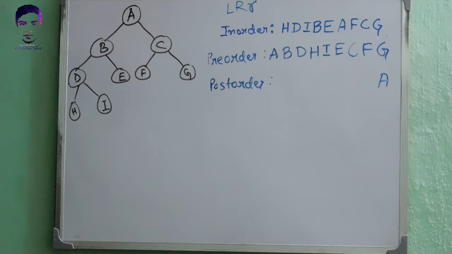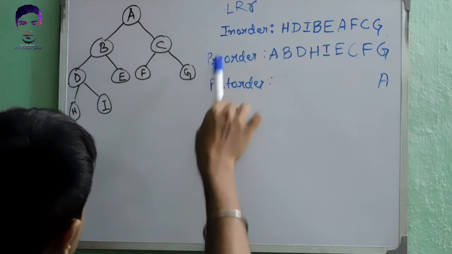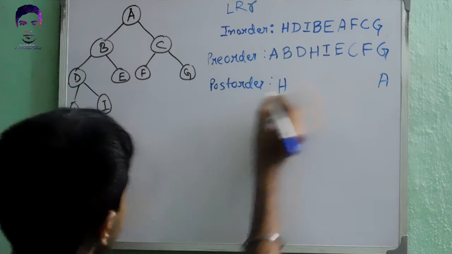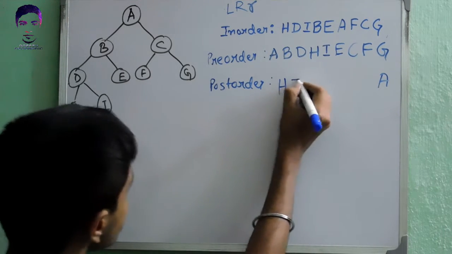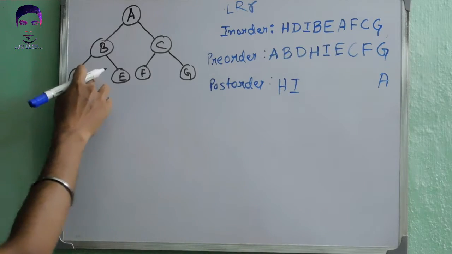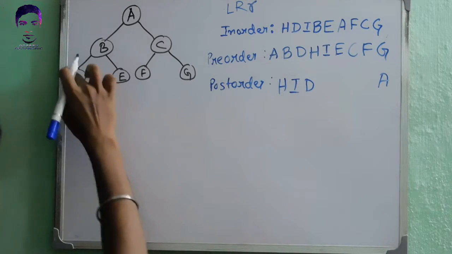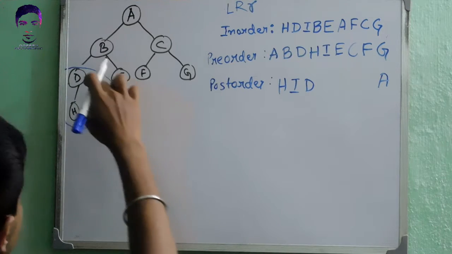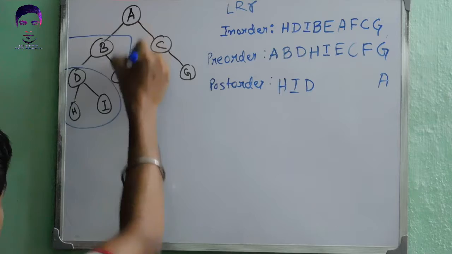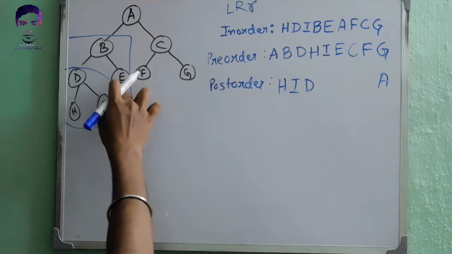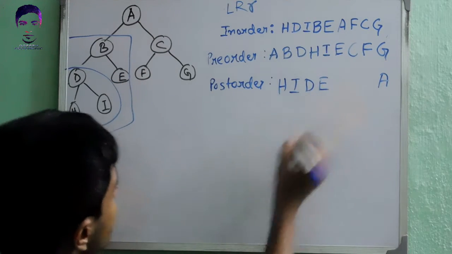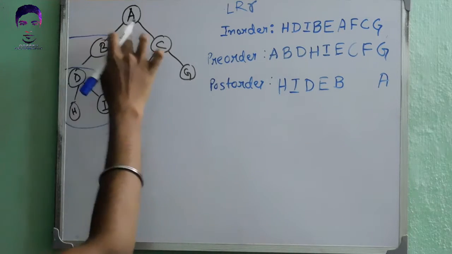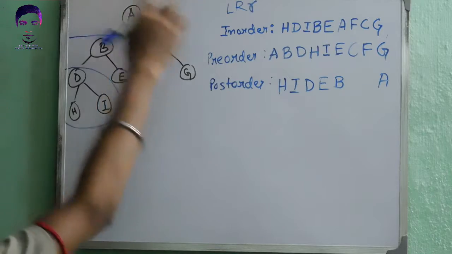Now, before that, first comes left, then right. So the leftmost part is H, then comes right, that is I, then comes its root, that is D. So this part is complete. Considering this as the left part of this subtree, after that comes E as the right part, and then its root, that is B. So this part is the left part of the whole tree.